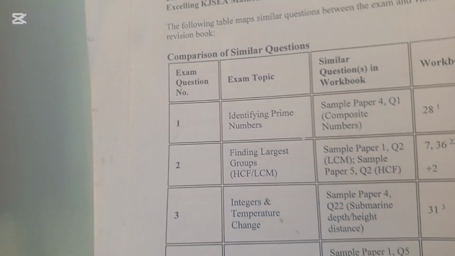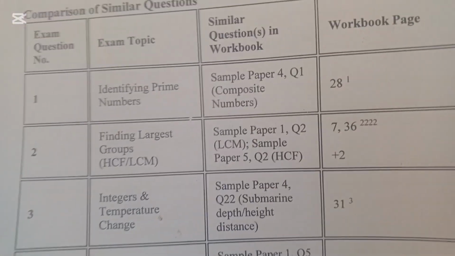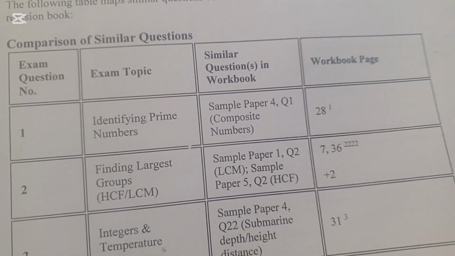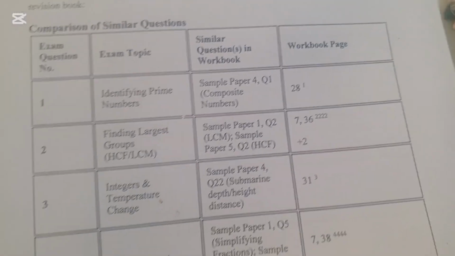Okay, let us proceed with the analysis made by this platform. It says, question 2, finding largest groups, HCF, that is highest common factor, or GCD, and also LCM. In my book, sample paper 1, question 2, asks about LCM, and sample paper 5, question 2, asks you to find the highest common factor.